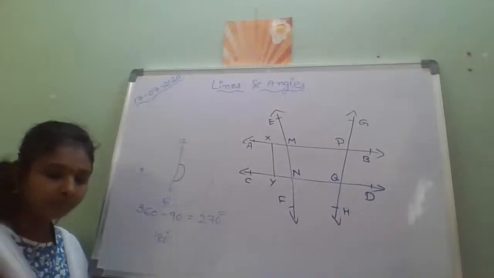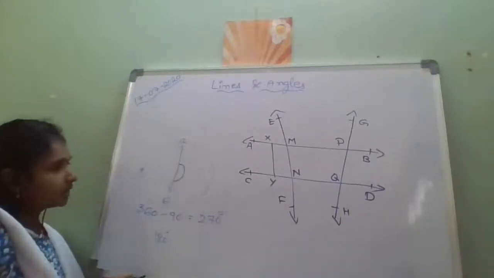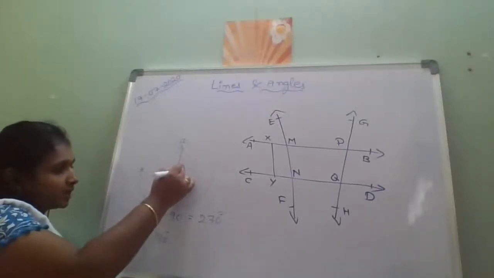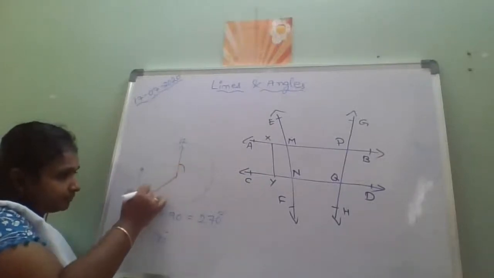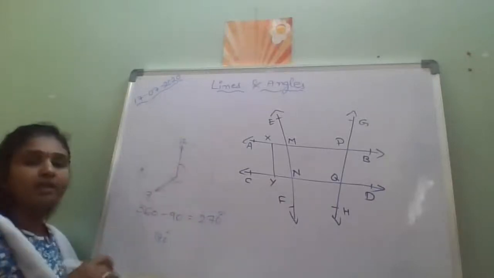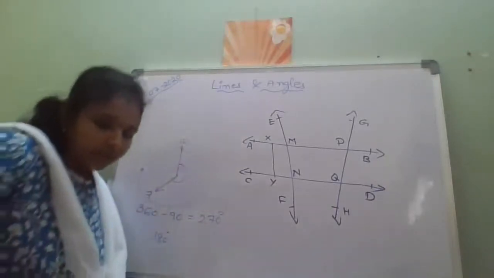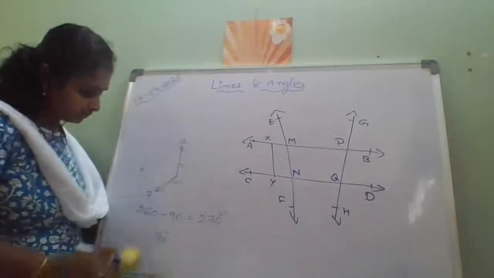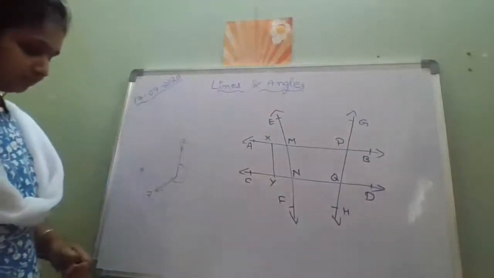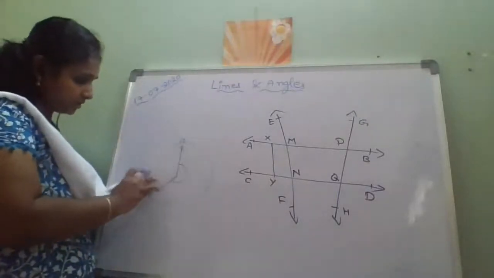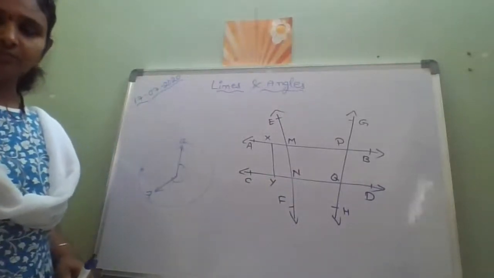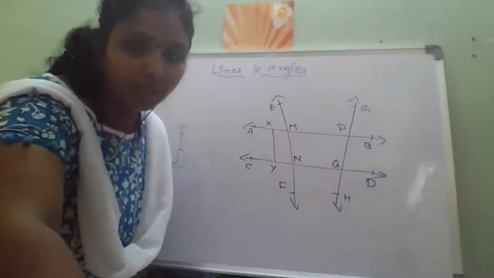Next, 7 p.m. 7 means this angle I am asking, 210 degrees. Okay. 360. Yes. Thank you. We will continue in the next class.